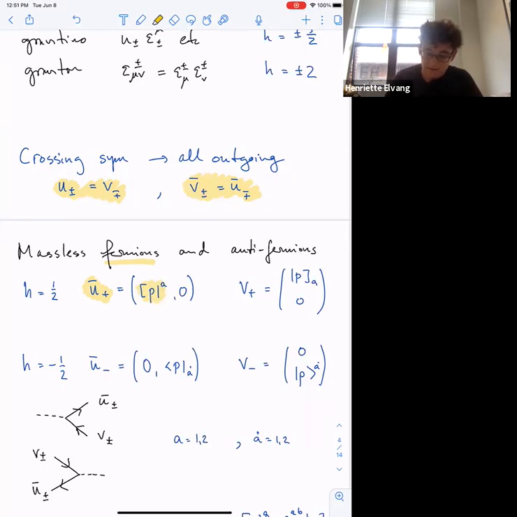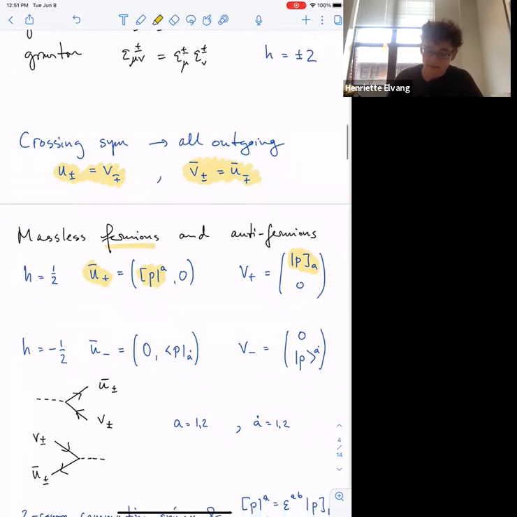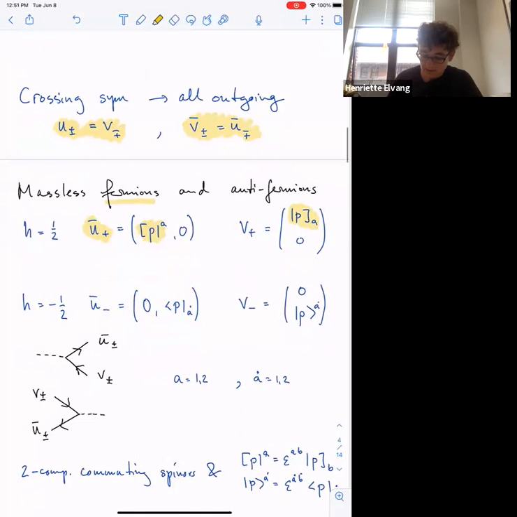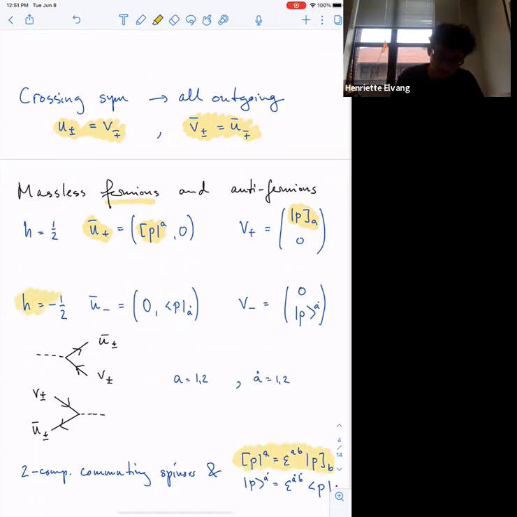On the other hand, if it's a V plus, so it's an antifermion going out, then it's also in the first 2 entries, but we call it a bracket, which is flipped around the other way. Now, those 2 square spinors are related by one having an up index and one having a down index, and you raise and lower these indices with the 2-index Levi-Civita symbol. And then there's a parallel story when we go to negative helicity.